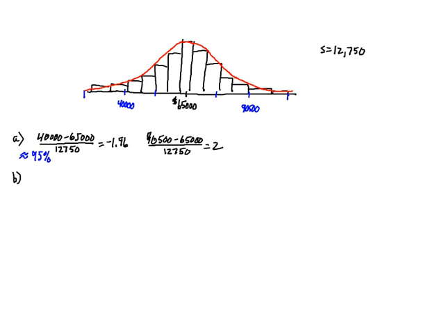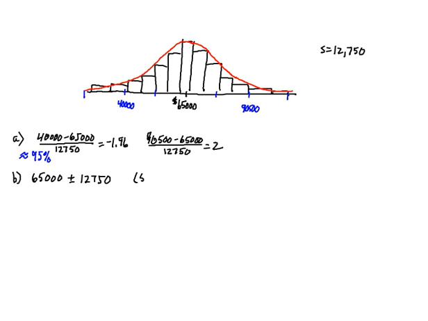B. What kind of prices can you expect to pay for 68% of the homes in this neighborhood? Well, according to the empirical rule, 68% of the homes would be priced within 1 standard deviation of the mean. So I'm going to add and subtract the 12,750, 1 standard deviation, to the mean, 65,000.